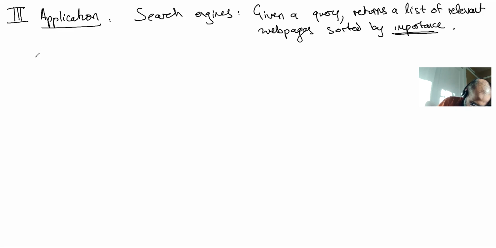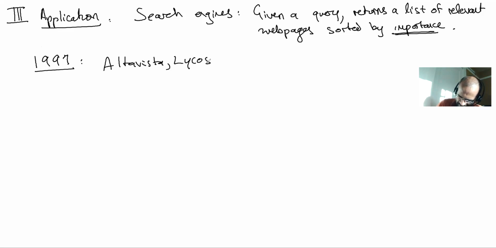So the history of search engines is the following. Until 1997, there were a bunch of search engines around, for example Alta Vista, Lycos. Have people ever heard of any of these search engines? I'm curious.